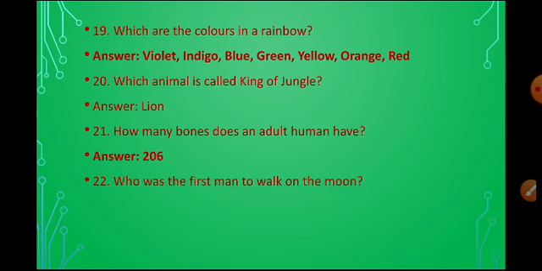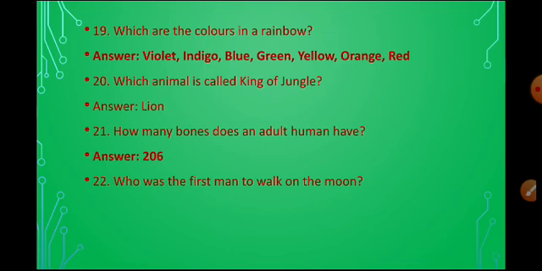Okay. Now next question. Who was the first man to walk on the moon? Can you write the name? Can you remember the name of the person who first walked on the moon? That person was an American.